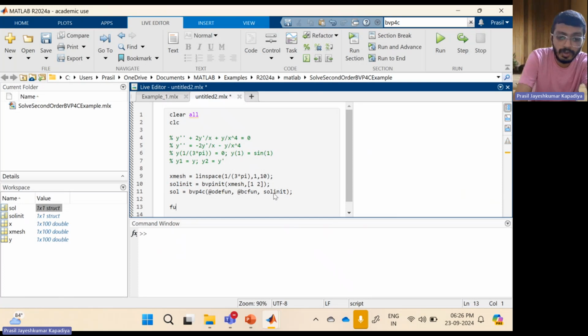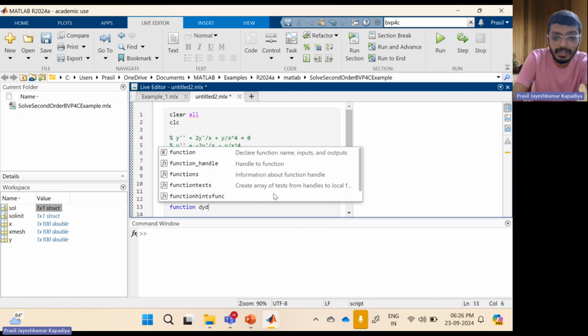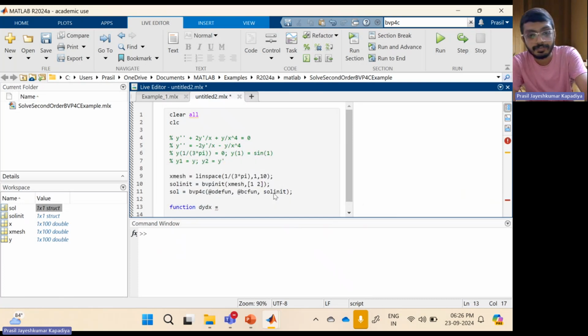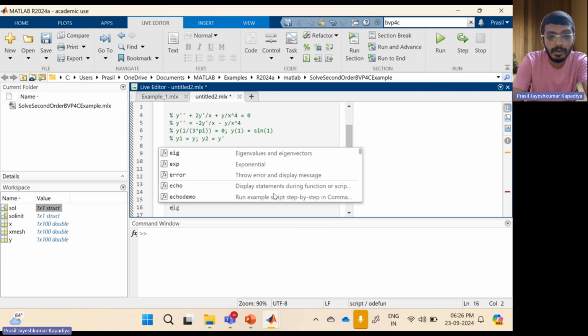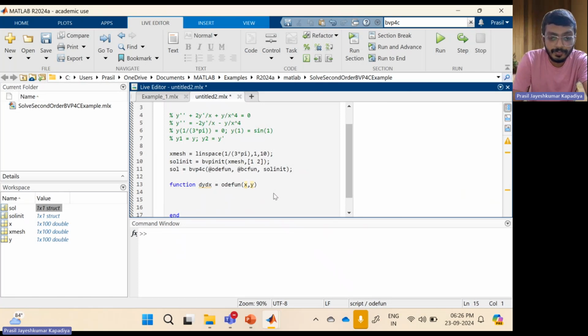Okay, so let's first write down the function. Let's say dy dx is equal to, what is the name of the function? ODE fun, x comma y, correct? So dy dx is equal to what is our equation?